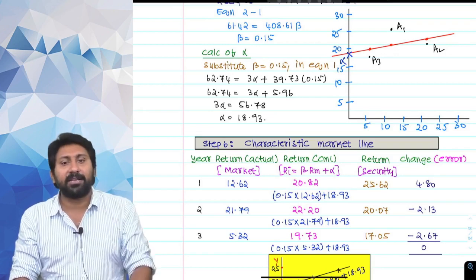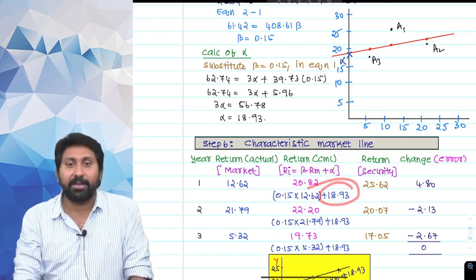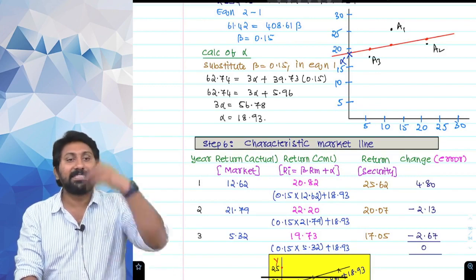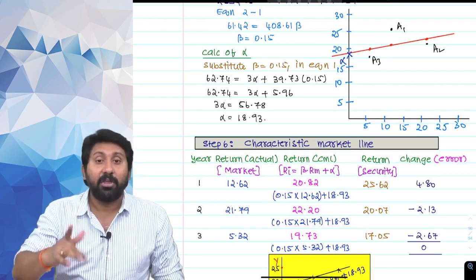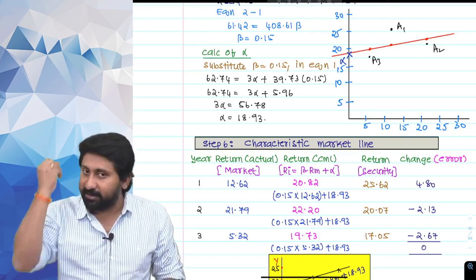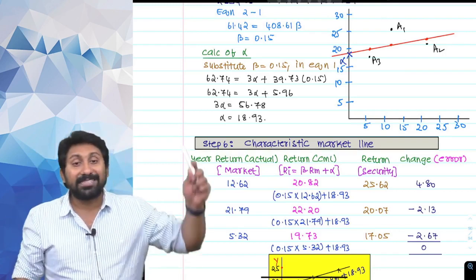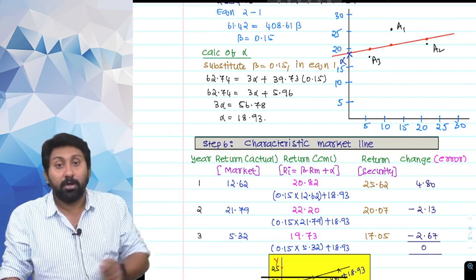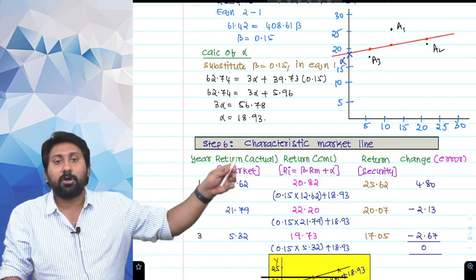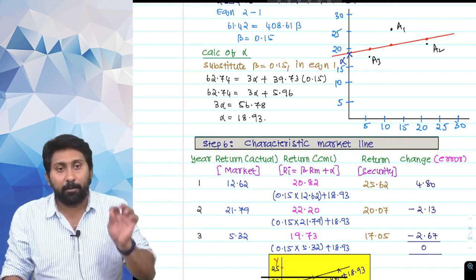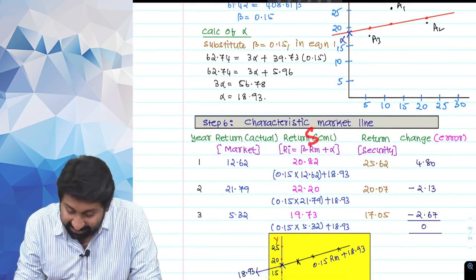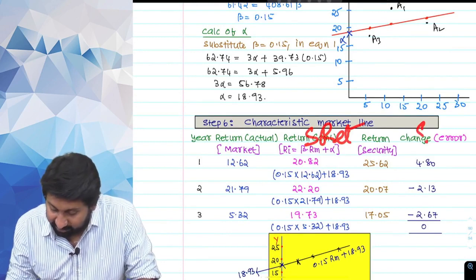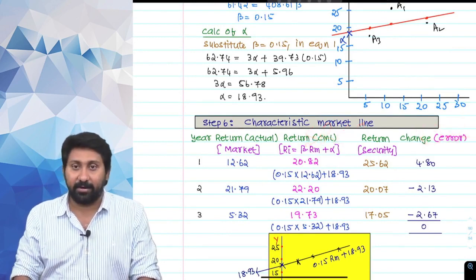Even if the market is 0, my security will give 18.93. That means it is independent. Whether the market is there or not, leaving systematic considerations aside, my security will give a constant return of 18.93. Since the market is at 12.62 and my beta is 0.15, I will have a return of 20.82. 20.82 is called the systematic return, and this is called the unsystematic return.